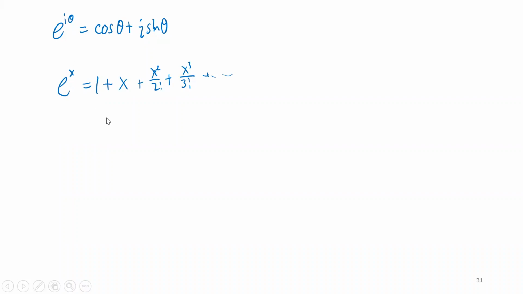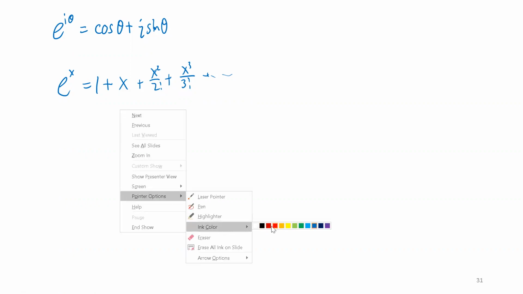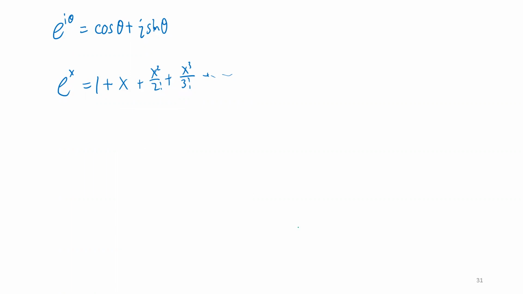So we put x equals i theta. Then e to the i theta would be 1 plus i theta plus i theta squared divided by 2 factorial plus i theta cubed divided by 3 factorial and so on.